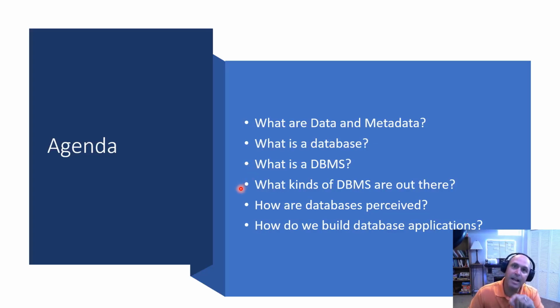Look at the different kinds of database management systems out there and their various storage models. We'll look at how databases are perceived, the various ways that databases are viewed, the perspectives on them, and we'll also talk about the process by which applications are built using database management systems.